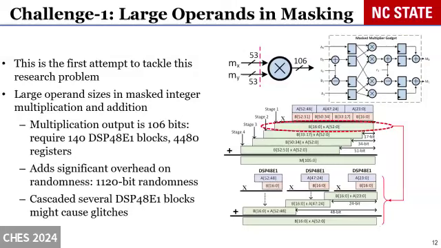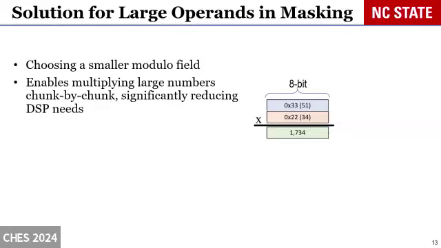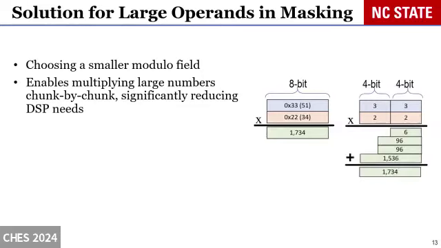However, the challenge for our case is that when you mask this, you cannot use DSPs efficiently because the output size, again, must be equal to the input size in the finite field. So one issue is which operand size we would use and how we divide these computations into smaller chunks. We use 8-bit chunks, but just to simply describe another problem, I'll use an example where the original input is 8 bits. So you have, for example, a 33 by 22 multiplication, and you want to resize them into smaller units of 4 bits.